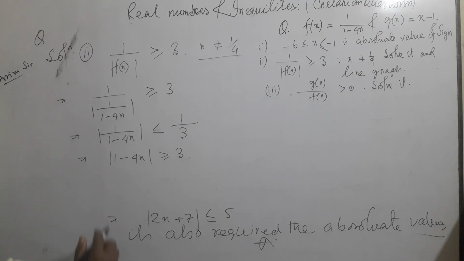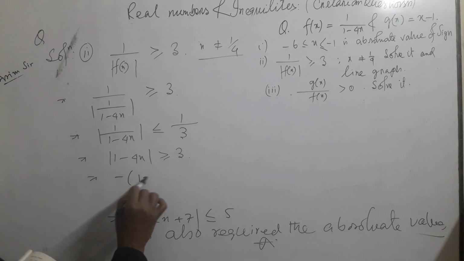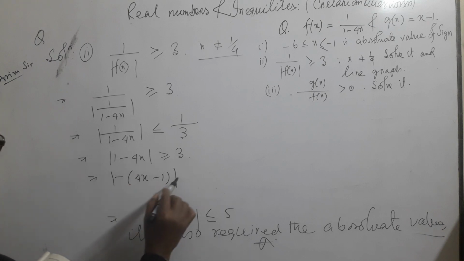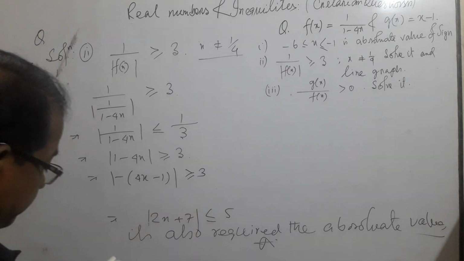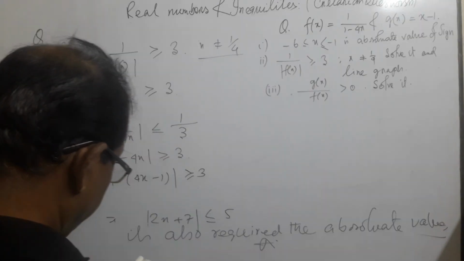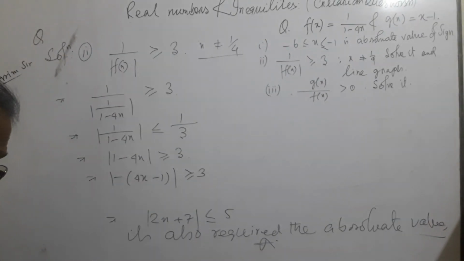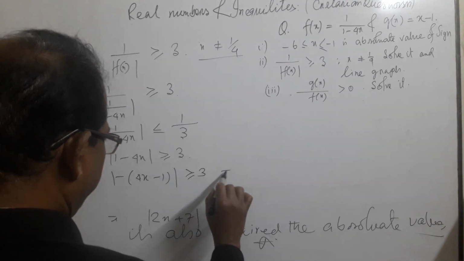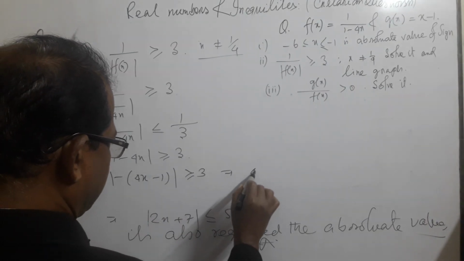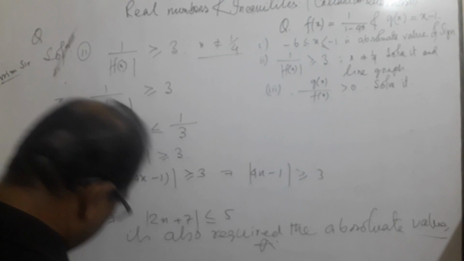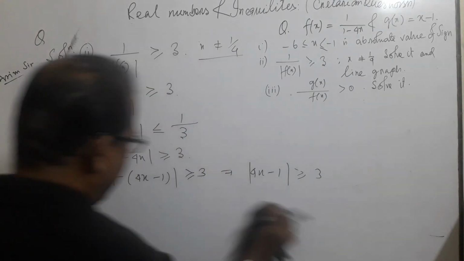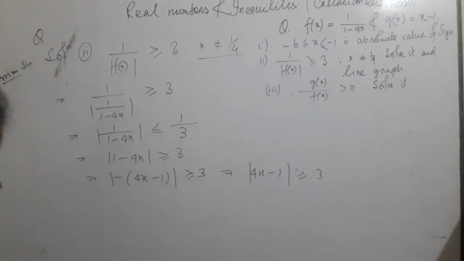So that's why modulus of 4x minus 1 is greater than or equal to 3. So that implies modulus of 4x minus 1 is greater than or equal to 3. It's clear this is the process and advance day by day. And I think this is the systematic way.